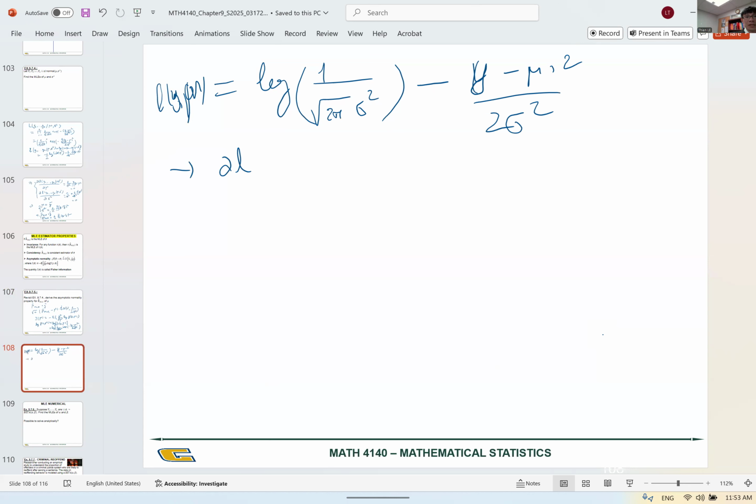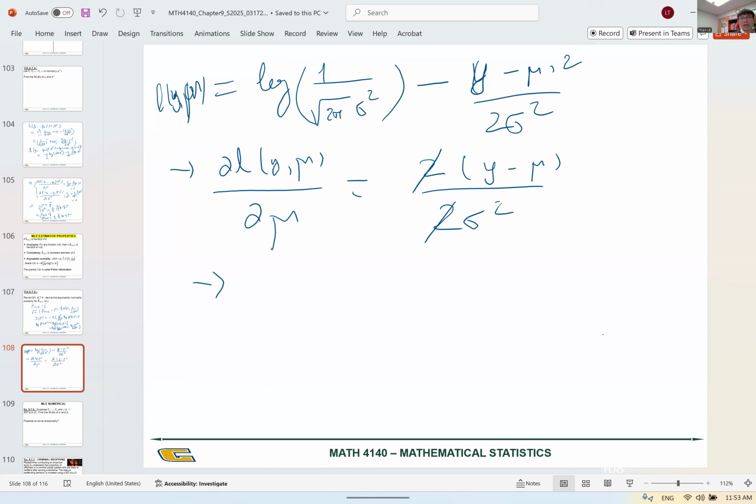So this is your l(y; mu), which means dl(y; mu) by d mu: the first term disappears, right? The second term would be negative 2 times (y minus mu) over 2 sigma squared, with a negative sign.